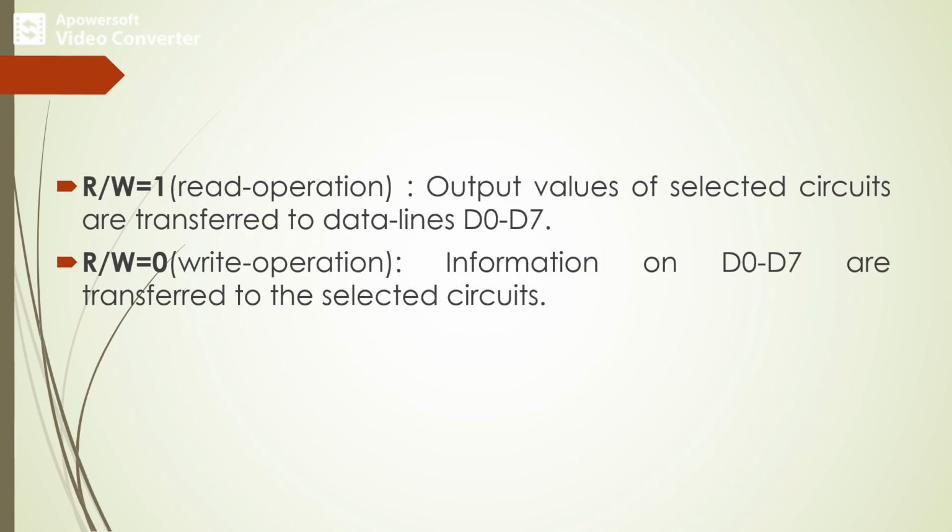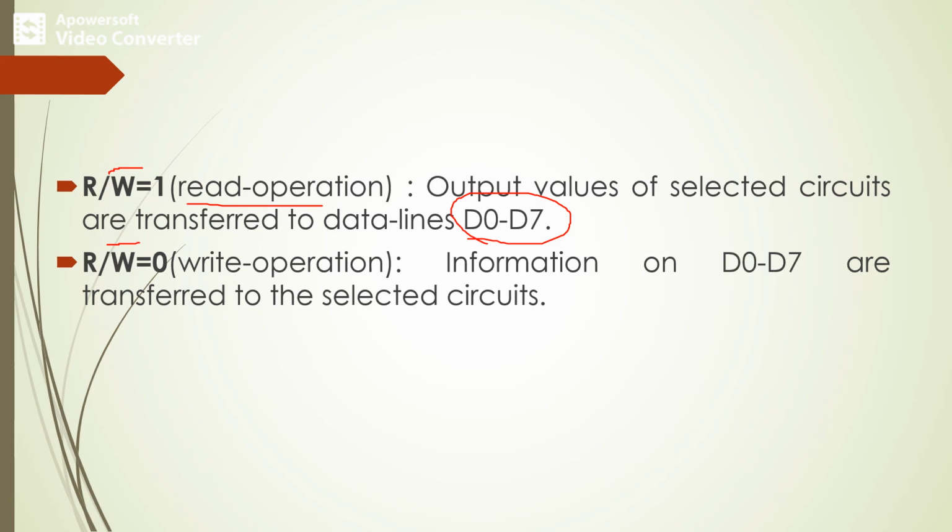Suppose the value of read/write-bar is equal to 1. That means we can perform a read operation. Output values of selected circuits are transferred to the data lines D0 to D7. And suppose the read/write-bar is 0, that means we can perform a write operation.